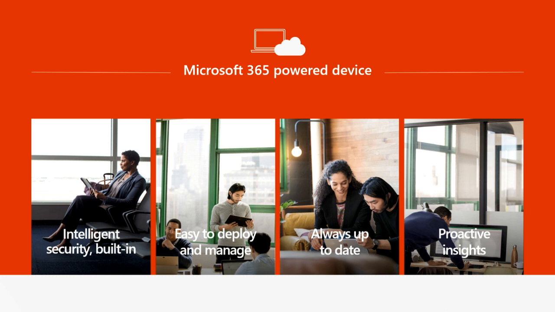The other aspect, the third pillar of this, is we want to keep all of these devices up to date. Why is that important? It's important because, obviously for security reasons, you don't want to get hacked or compromised because there is a threat surface. We are constantly releasing security updates that keep your devices safe.